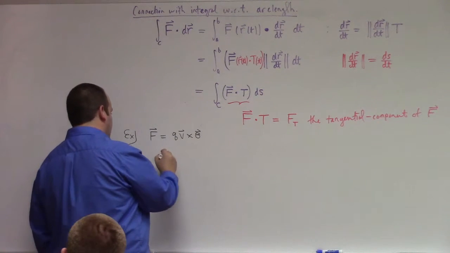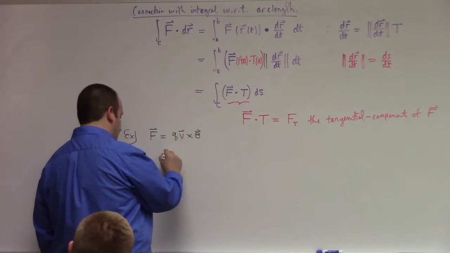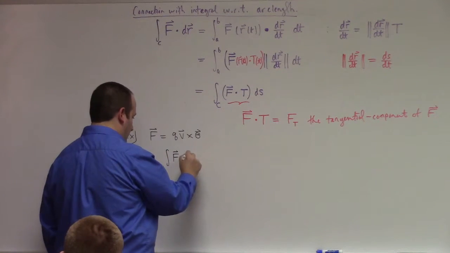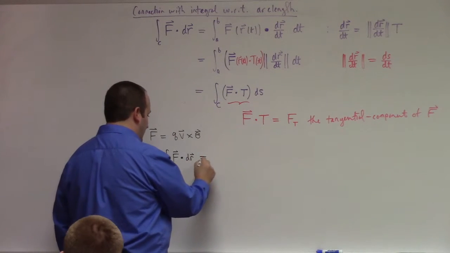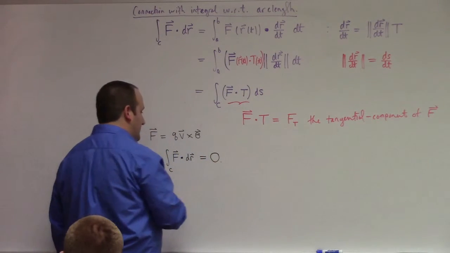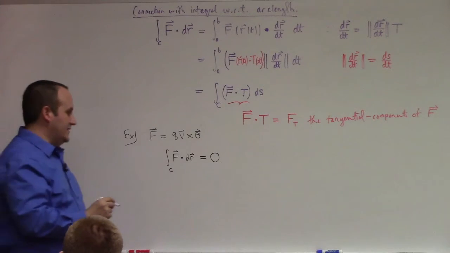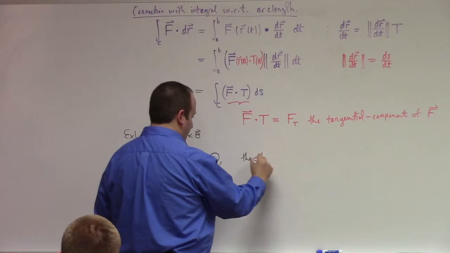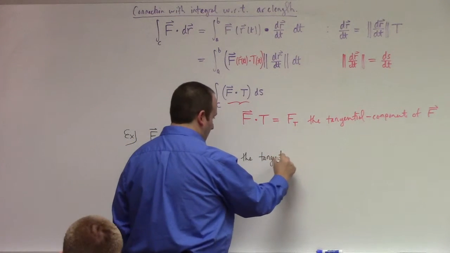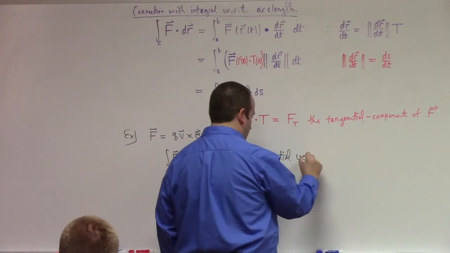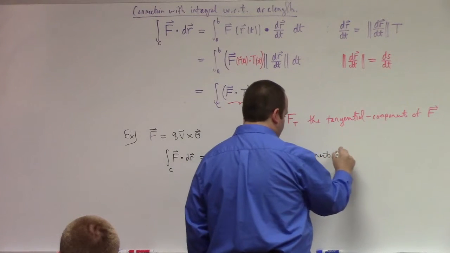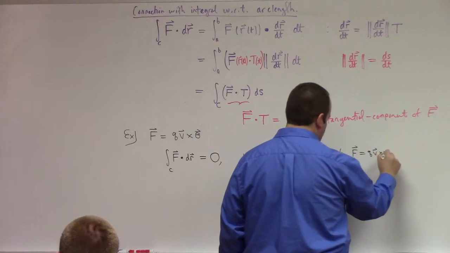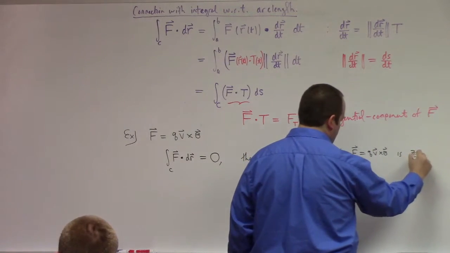So if you calculate the work done by the magnetic force along some curve, you get 0, because the tangential component of f, which is q v cross B, is 0.